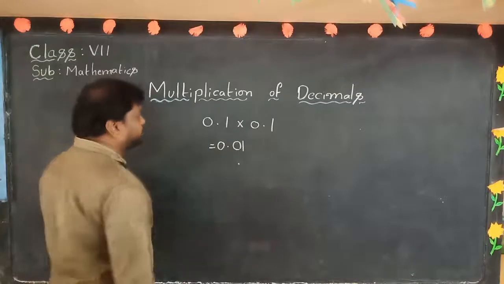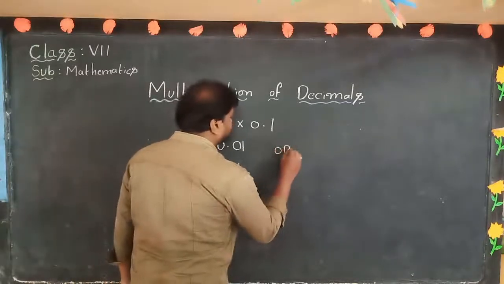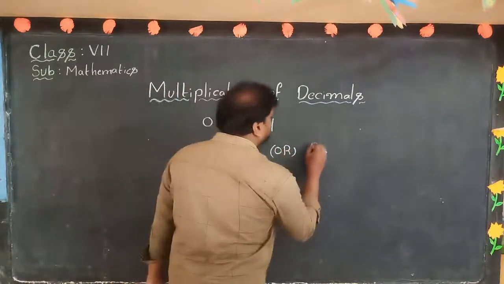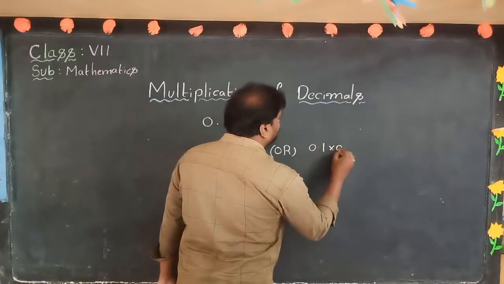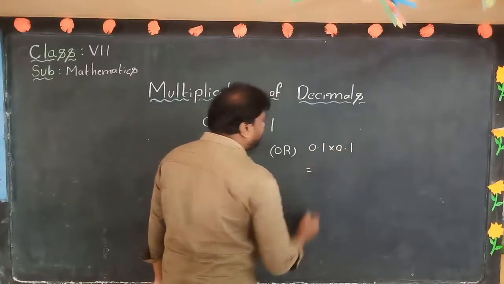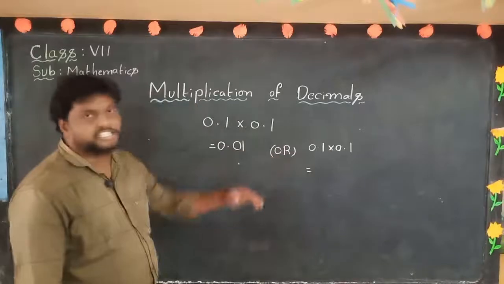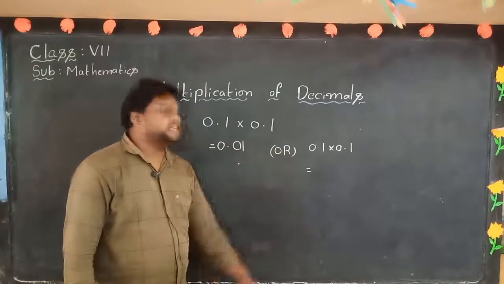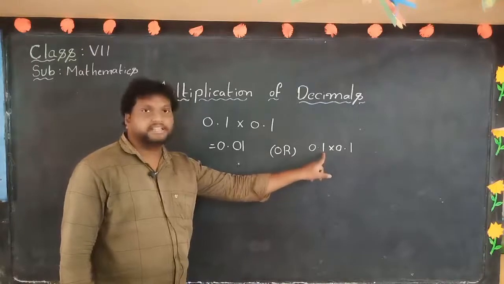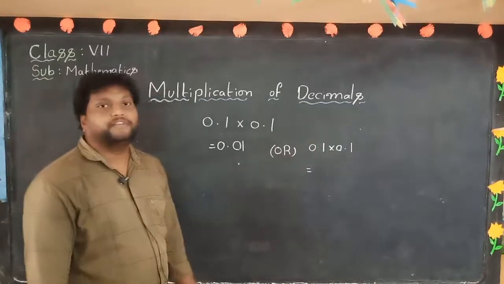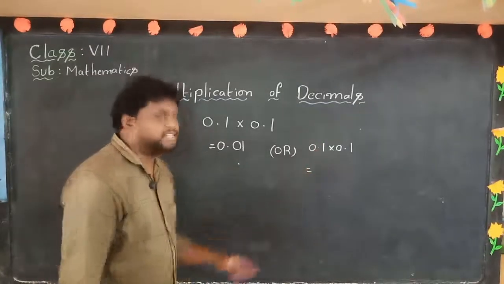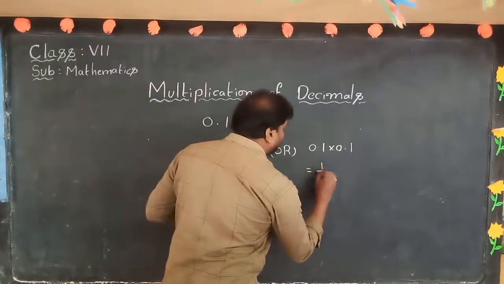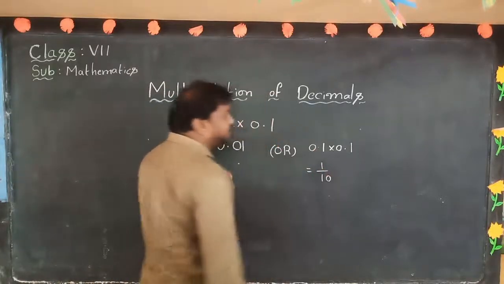One more method. See, 0.1 into 0.1, we have to write. First of all, convert into fractions. How to convert 0.1? How many digits are in the decimal part of the first term? One digit. That's why 0.1 is nothing but 1 by 10.